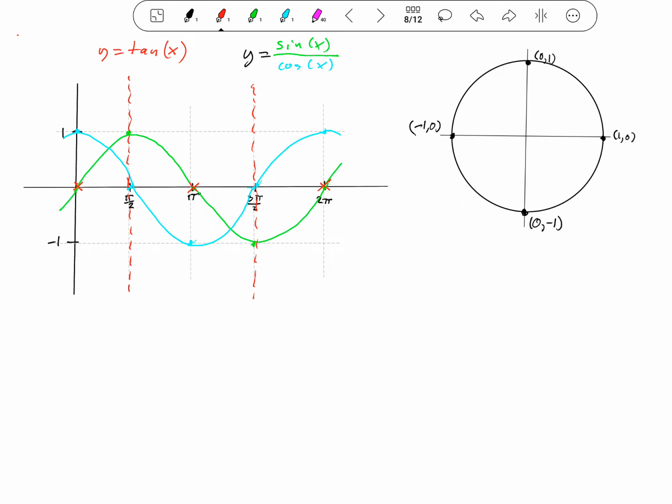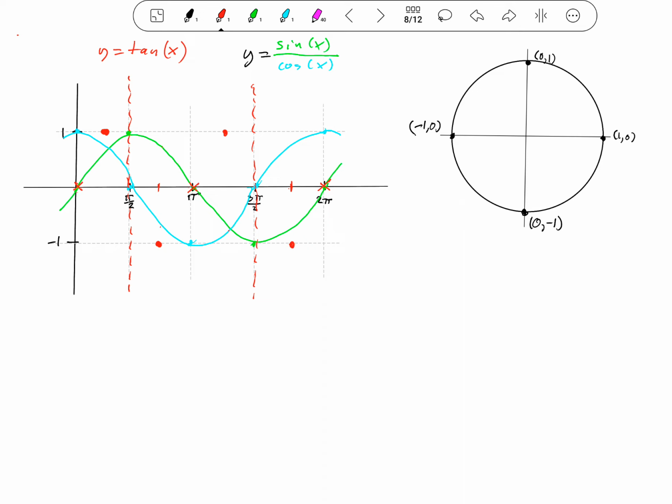So I'm going to get a point right here where they cross over each other. At this point right in here, they're equal to each other, but on opposite sides of the axis. So I'm going to get -1. Here they're equal, so I'm going to get a +1. Here they're equal. At this point, they're equal, but on the negative side, so I'm going to get a -1.